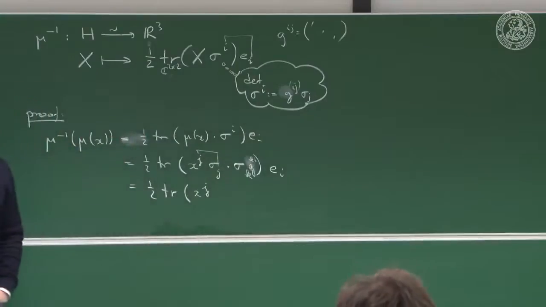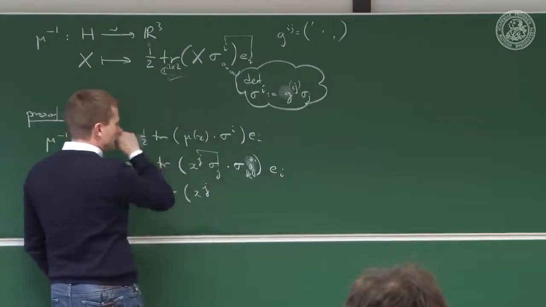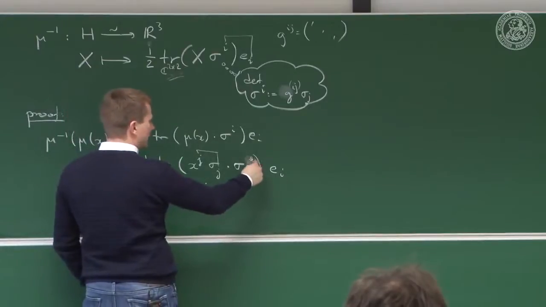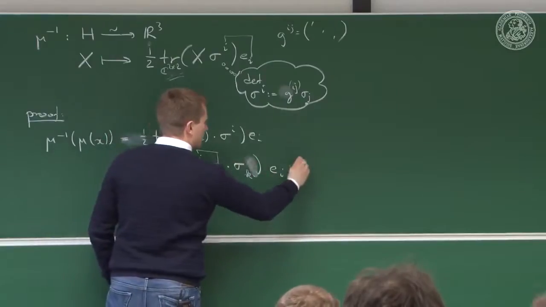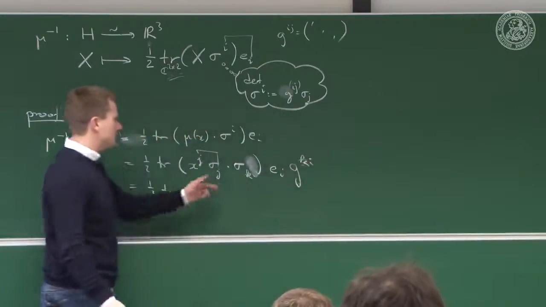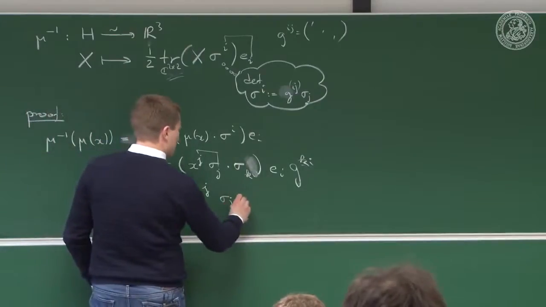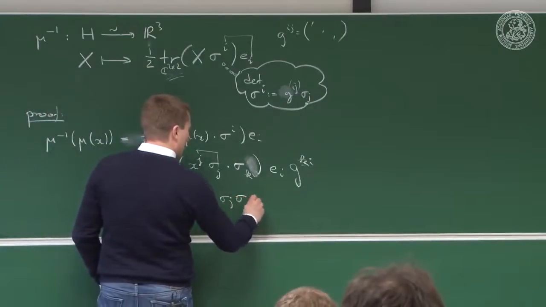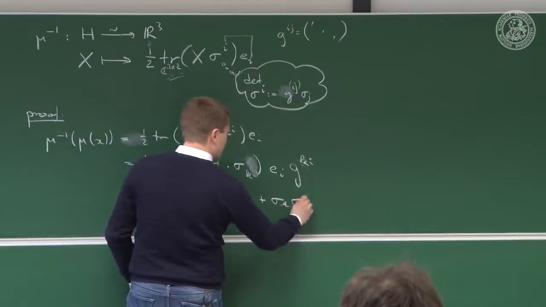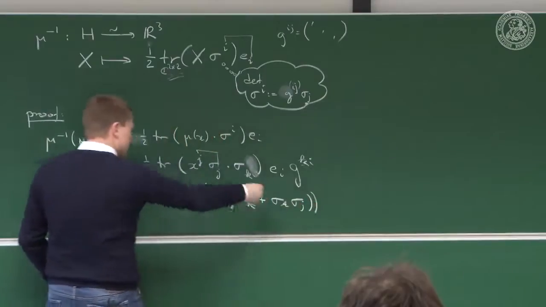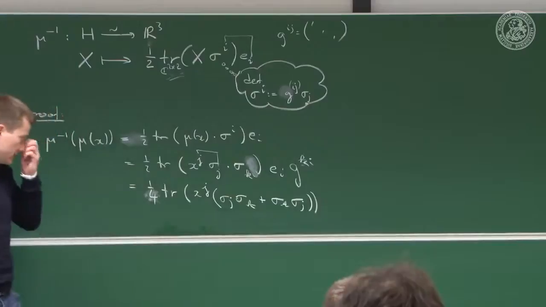You agree? But then this is the trace over the 2 by 2 complex matrices. These are just, for every ki, a real factor, so I can pull it out. And then I have sigma j, sigma k here, and I can write this as sigma j, sigma k, and because of the cyclicity of the trace, plus sigma k, sigma j, but I doubled the trace in this case, so I have to have another compensating factor of 1/2.